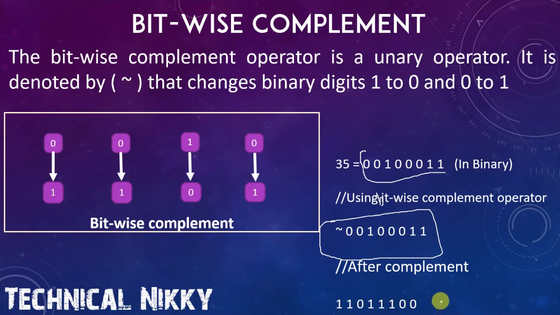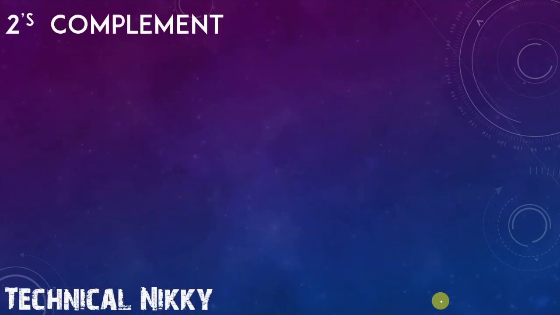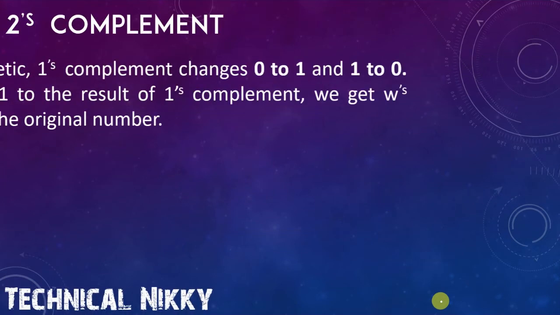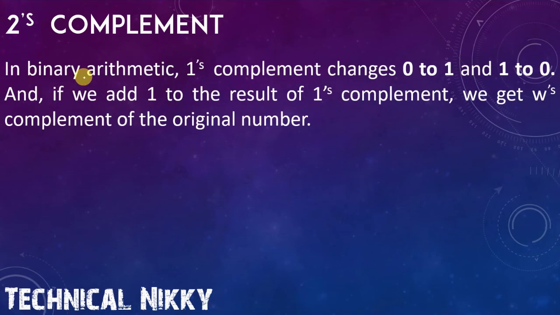And we have the second part of this bitwise complement, that is the twos complement. In binary arithmetic, ones complement changes 0 to 1 and 1 to 0.